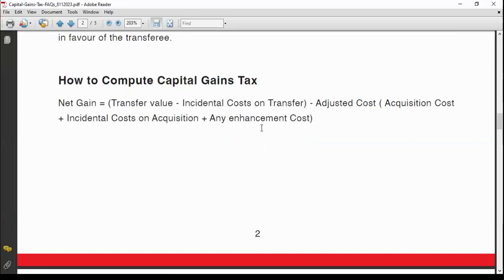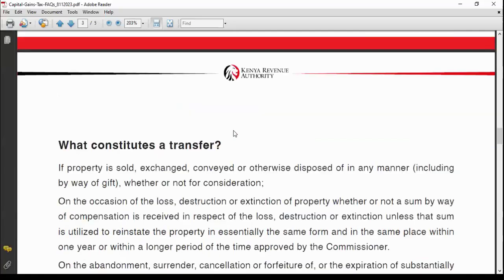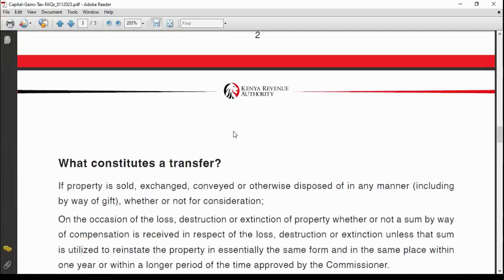So you don't go straight to the calculation. You step it. It will give you more marks. So this is capital gain transfer. Frequently asked questions.